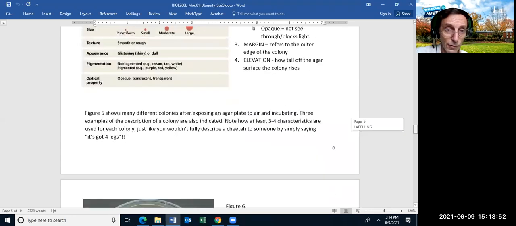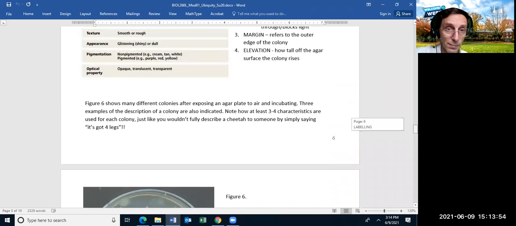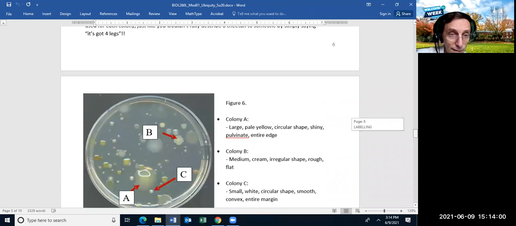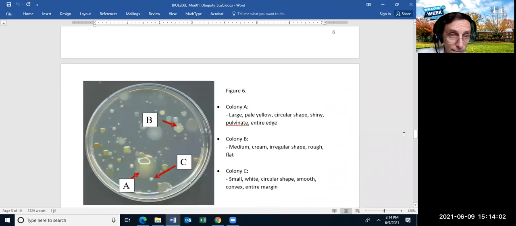Most colonies are opaque. Some are translucent. Very few are transparent. So if we look at these colonies here, that colony is opaque. That colony is opaque. This colony, at least the edge, is translucent.